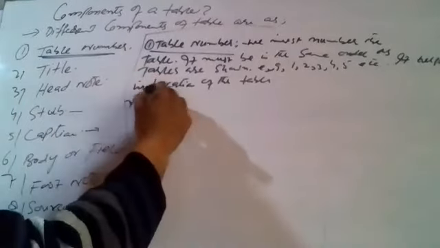Number second is title. The title क्या होता है? A table must have a title. It must be written in bold letters.